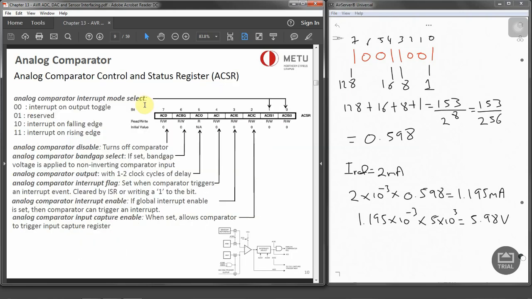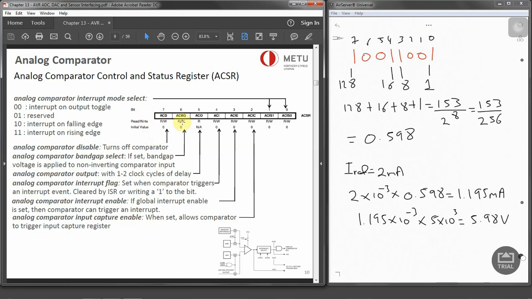And the comparator control register gives us the interrupt modes that we can use with ACIS1 and ACIS0. So we can use interrupt on toggle, reserved, interrupt on falling edge or on the rising edge. And to enable it, we have to set this bit.